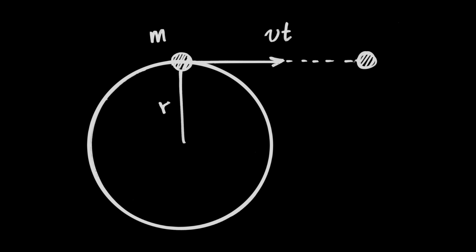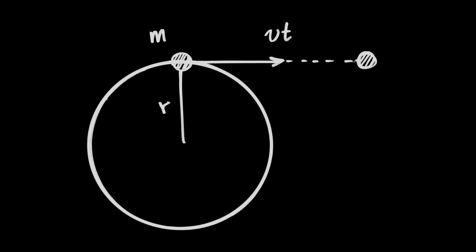It'll continue moving here to the right, and I'll let it go out for a certain amount of time, say t, and then after that amount of time it appears out here, off the circular path that I intended for it to follow. In fact, the distance that it has traveled in that time is the speed v multiplied by the time t. That's the distance it's traveled in that time interval.